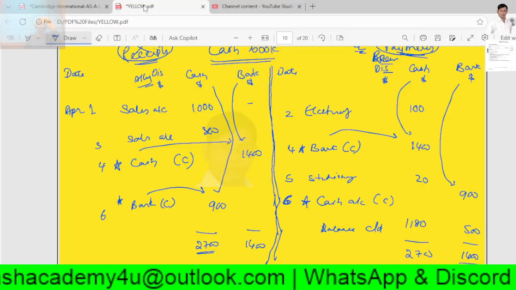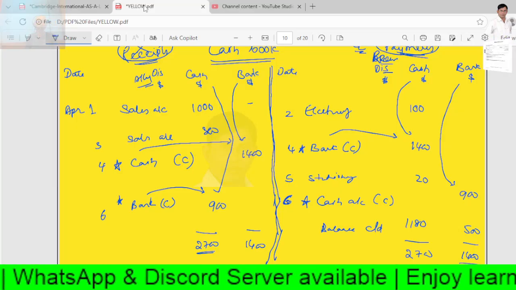So, in other words, when you are balancing, both sides should be the same.